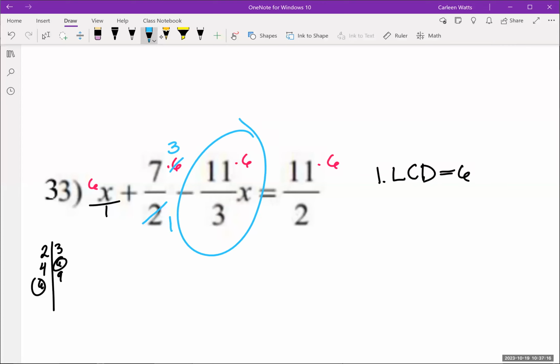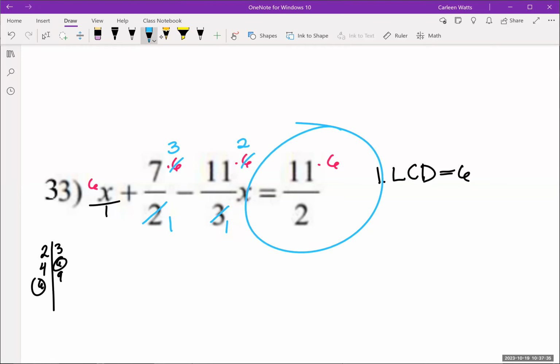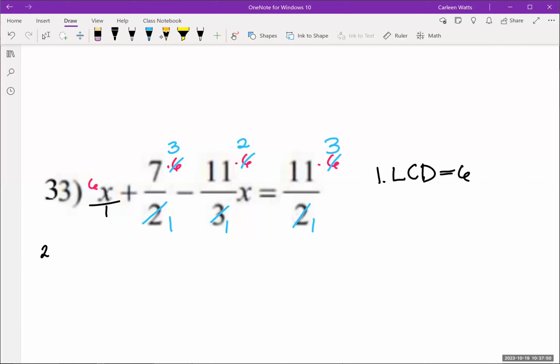Okay. Now this one. 6 and 3 cancel. All right. 2 divided by 3 is 1, divided by 3 is 2. This one, what's left? All right. Divided by 2 is 1, divided by 2 is 3. Let's bring it down. We're done with this.